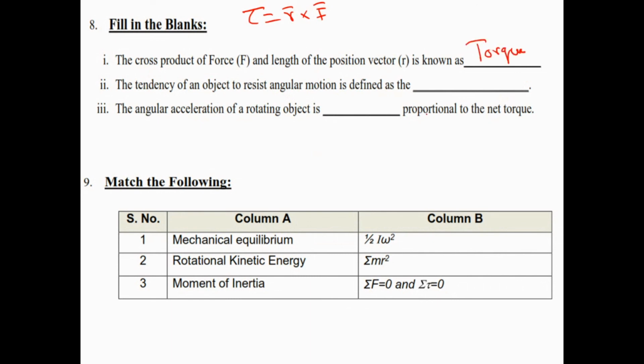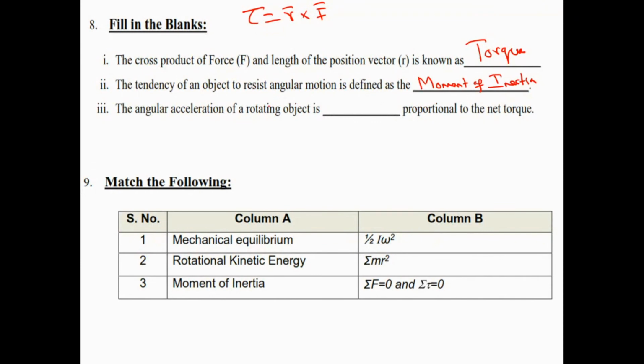The tendency of an object to resist angular motion is defined as moment of inertia. So this is the definition, right? So moment of inertia. The third, angular acceleration of a rotating object is dash proportional to the net torque.